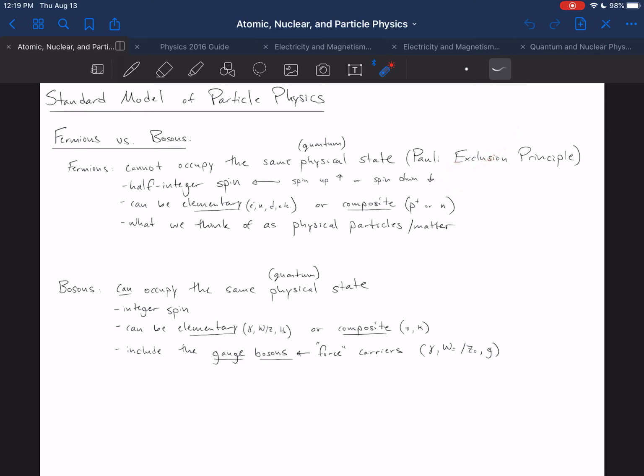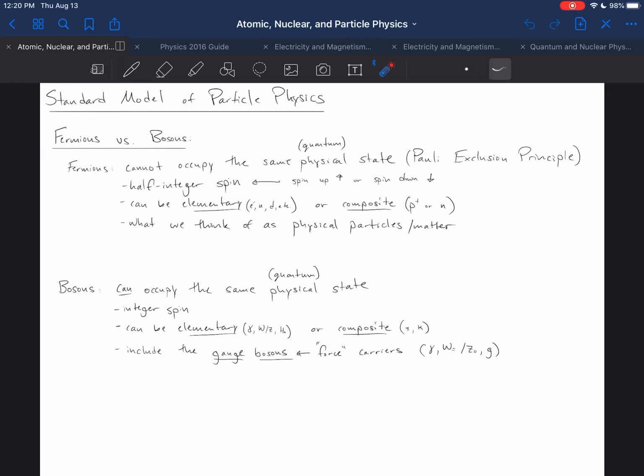You can visualize it incorrectly, if you will, as a particle spinning on its axis in one direction or another. That is a very, very loose description of how spin works, but it's probably good enough for our purposes. The vast majority of particles that you are aware of are fermions, and they are what we think of as physical particles and of matter.